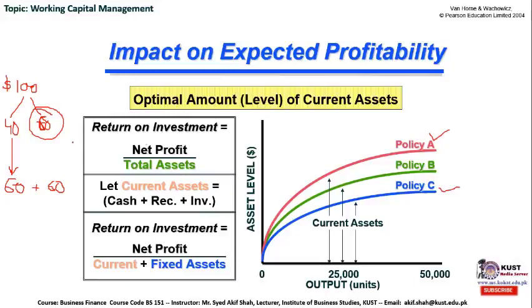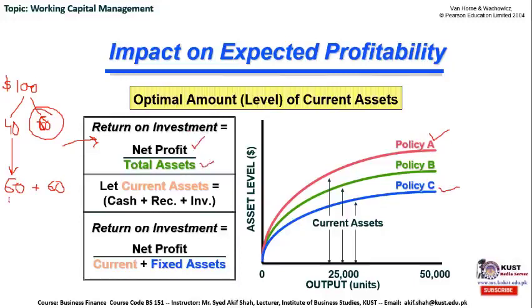So dear student, we have a measure of expected profitability, a profitability measurement tool or ratio, which indicates whether the company's profitability is increasing or decreasing. The formula for return on asset is to divide the net profit of the company by total assets.